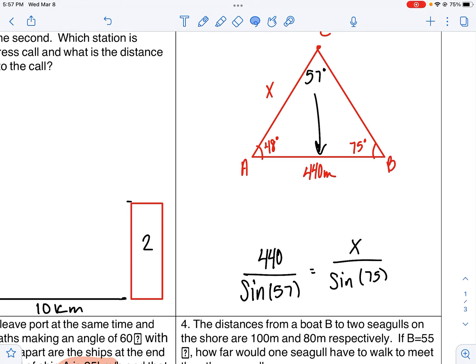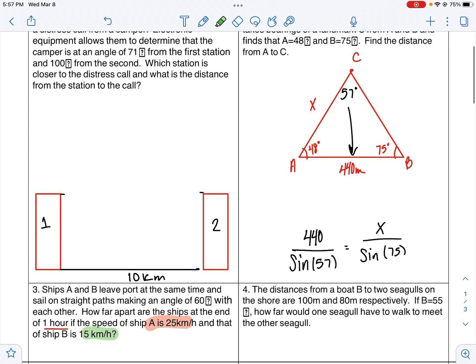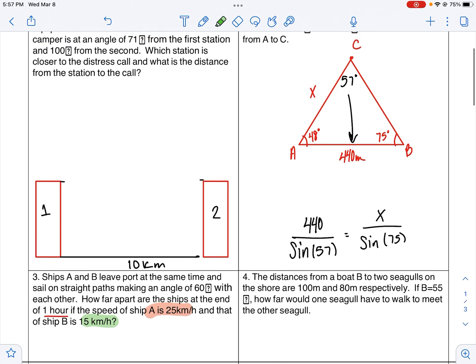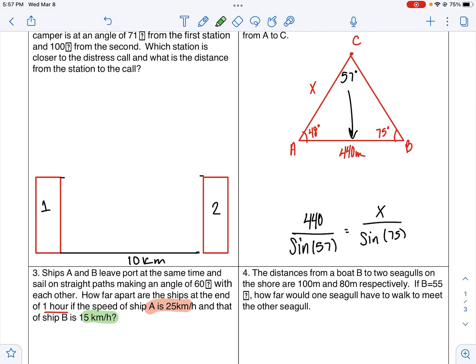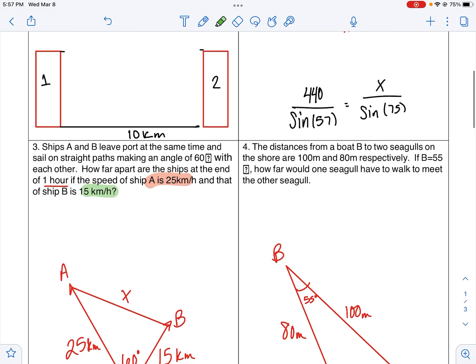It's the same process. It doesn't change anything really, except here what you could do is you could just simplify this side and then multiply by the sine of 75. So it's one thing that maybe saves you a half a step, 15 seconds of your life, but if you know the shortcut, I don't know if I'd even call it a shortcut, sometimes it kind of helps.